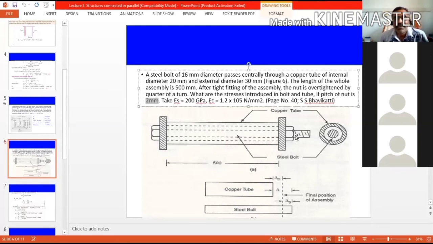When it is rotated, the copper tube will be compressed. At the same time, the bolt will be elongated.